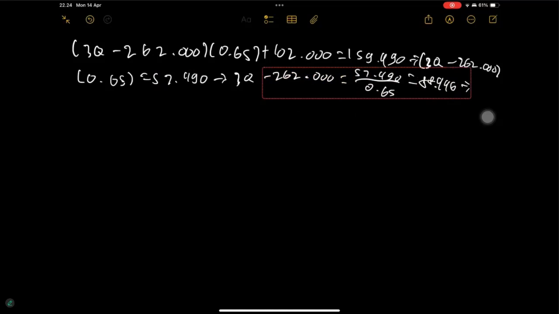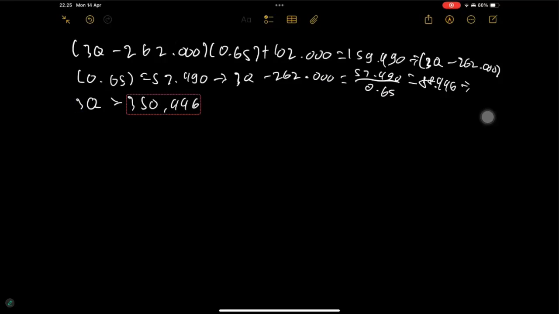Proceed to 3Q equals 350,446, and Q is equal to 116,815.